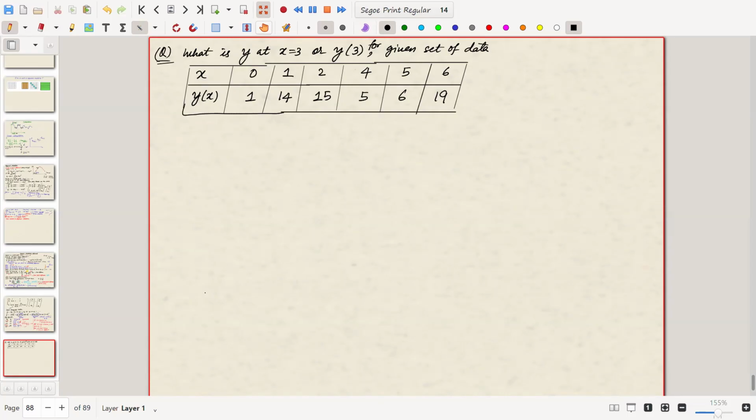How many of you say they are equally spaced? Equally spaced means the x points are equidistant from each other. Where does it fail? Yes, at x equal to 2 and 4. Otherwise, the difference is 1. So these are non-uniformly spaced points.